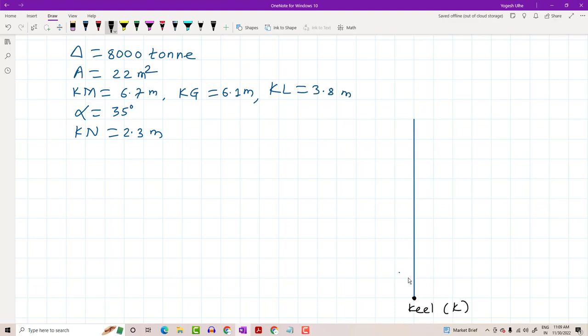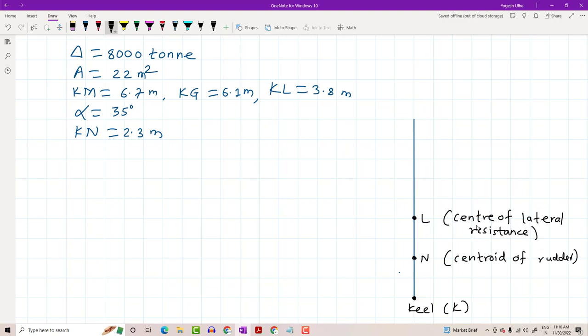Then we will have the centroid of the rudder, N. N means our centroid of rudder, that is, the center of effort. After that we will have L. L stands for center of lateral resistance. Don't think too much about what is meant by center of lateral resistance, guys.